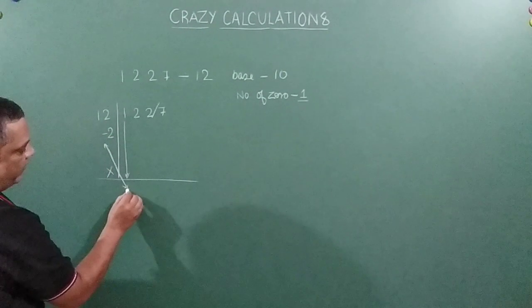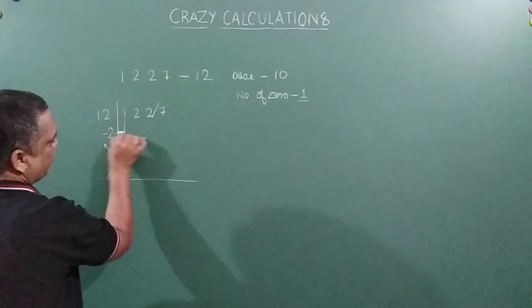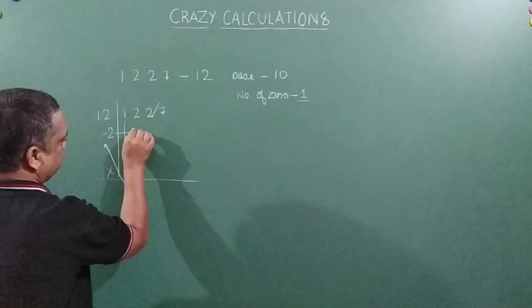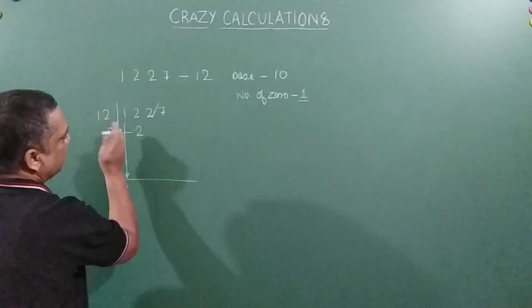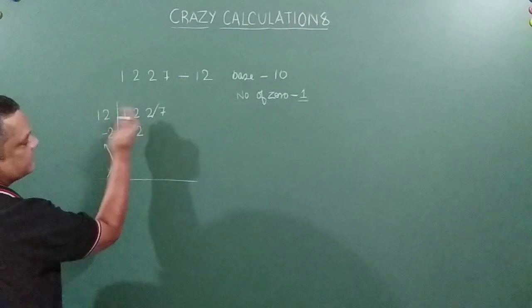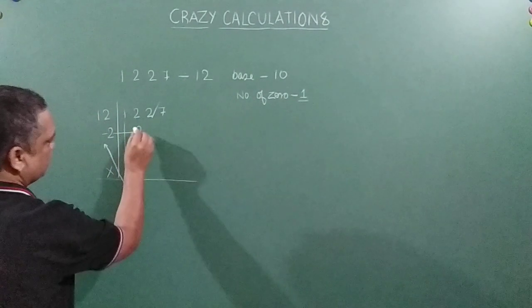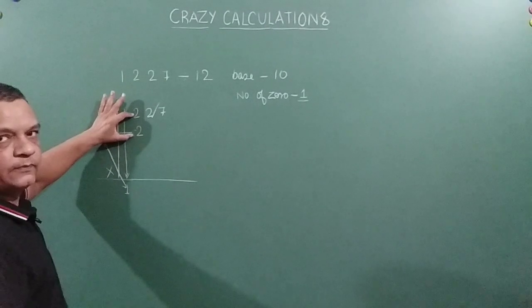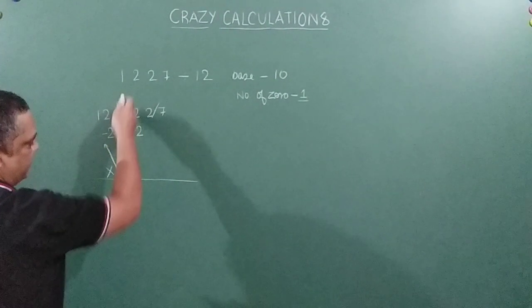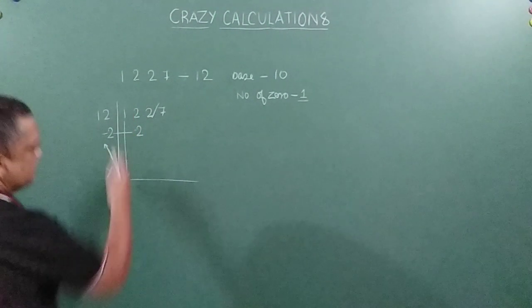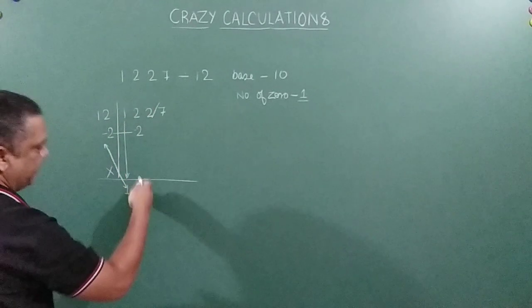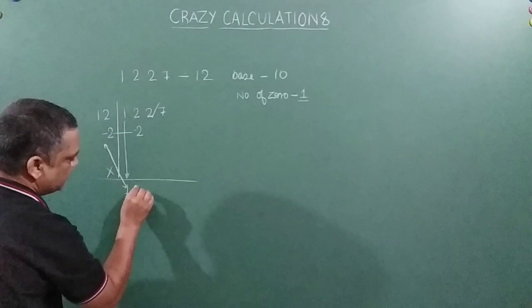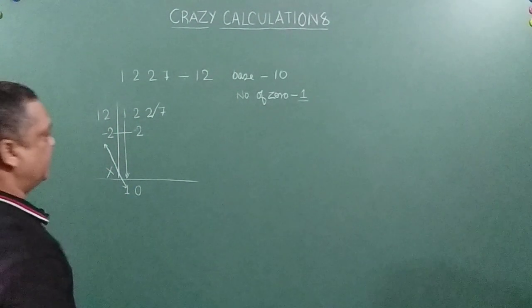So 1 into minus 2 and the product will go here, leaving 1 digit from the left hand side. Correct? So now this has come. Now I am going to add this and this. First column I will just reproduce like this. Second column I will add now. So this becomes 0. Right friends?